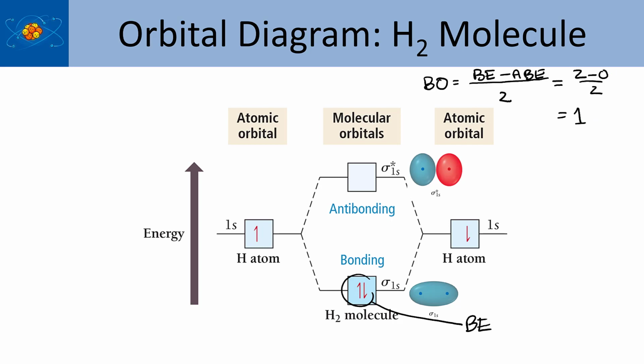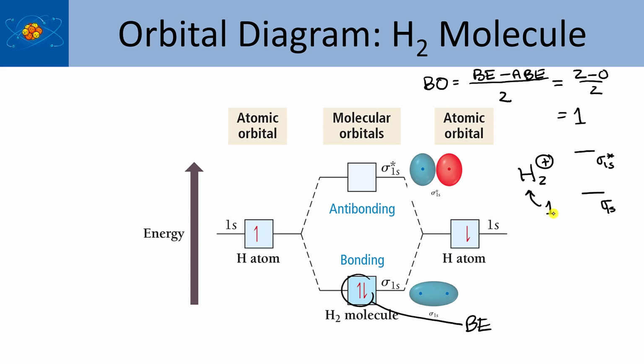Now, the thing about bond order is, because of the way we're calculating it, you can get fractional bond orders for different things. So for example, if I had H2 plus and I wanted to know whether or not this could form a stable ion, you would just go ahead and use the same orbital diagram for hydrogen, like this, and you would just say, well, how many valence electrons do I have in here?